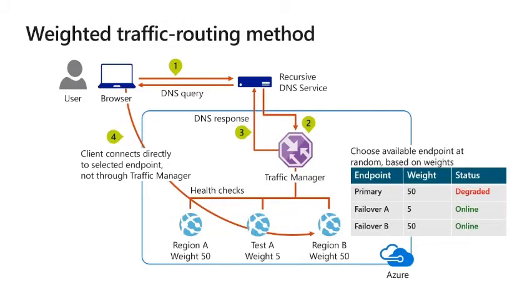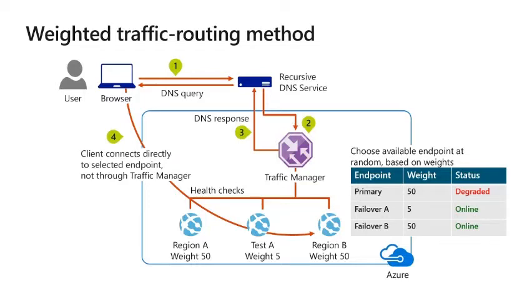For the weighted Traffic Manager routing, you give some weight to the applications. So you see here, if the primary with 50 weight is degraded, then it will go to failover B, which has the weight 50, and in the end it will go to failover A. For each DNS query received, Traffic Manager randomly chooses an available endpoint.